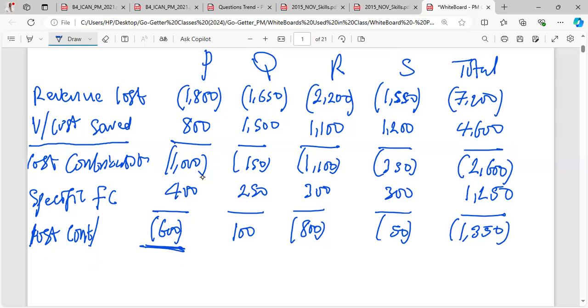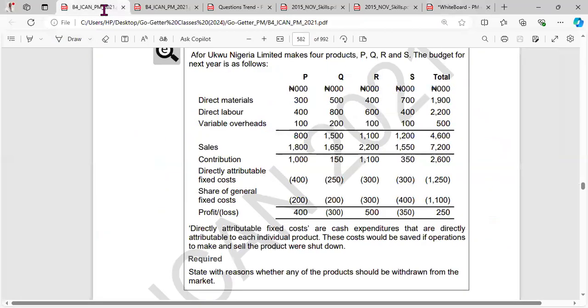It will seem in the question that because S was making a loss and Q was also making a loss, you are considering trying to shut down S or Q.